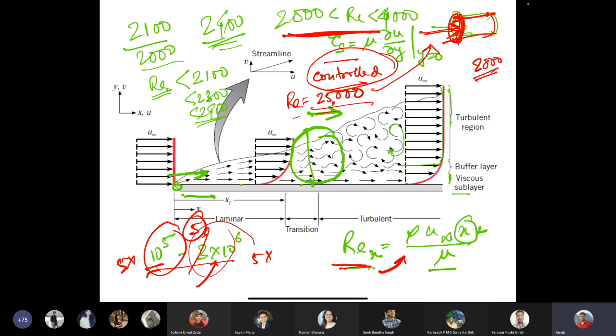It is definitely not 2100, it is definitely not 4000; it is in the order of 10 to the power 5 or 10 to the power 6. You have to look for this number in the options provided. As a bottom line, the representative value you can think of is 5 into 10 to the power 5.